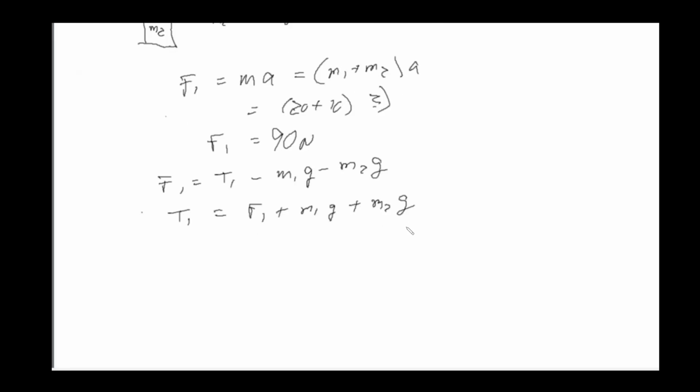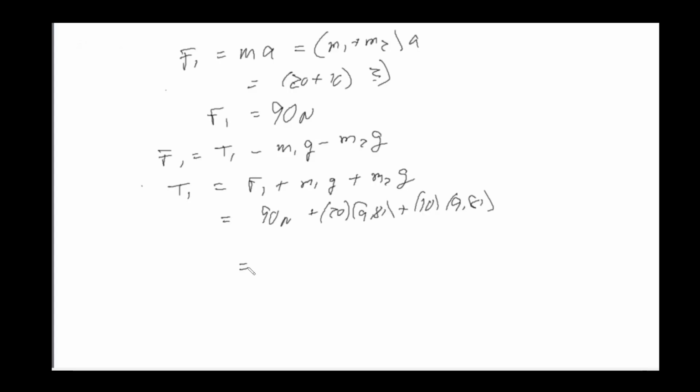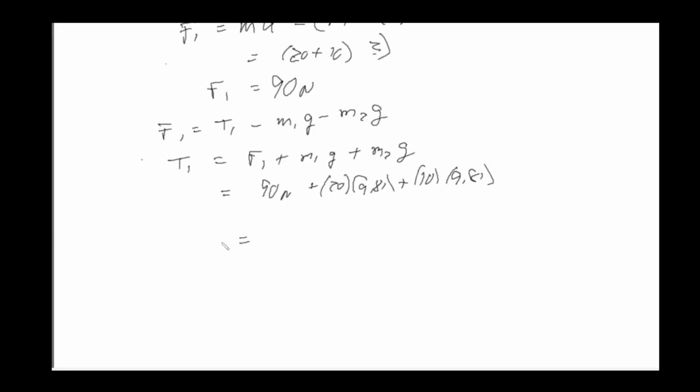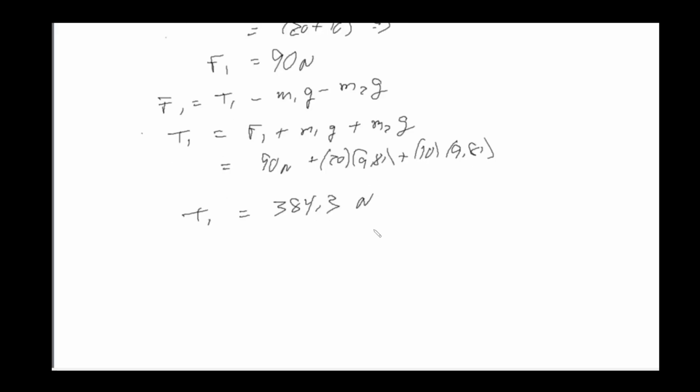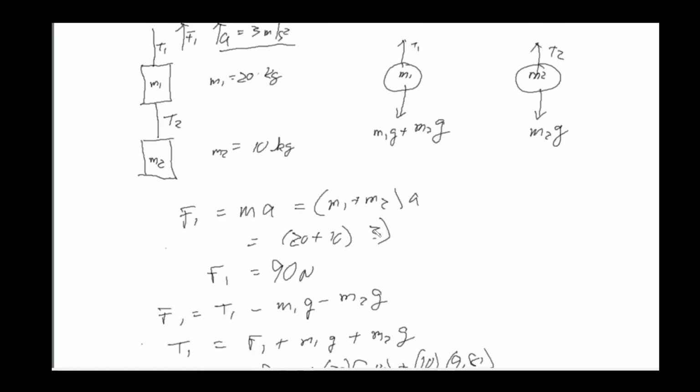And we know these amounts. Force 1 is 90 newtons plus 20 times 9.81 plus 10 times 9.81. And if you work that out, you get tension in the first string is equal to 384.3 newtons.